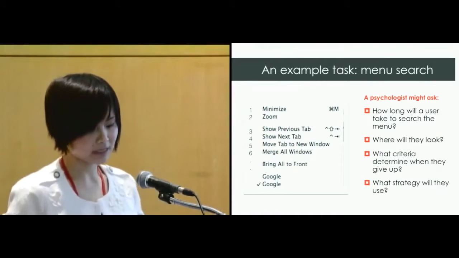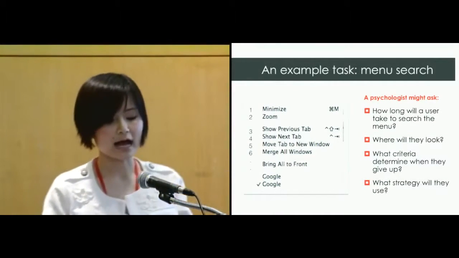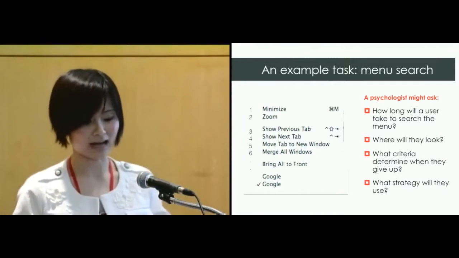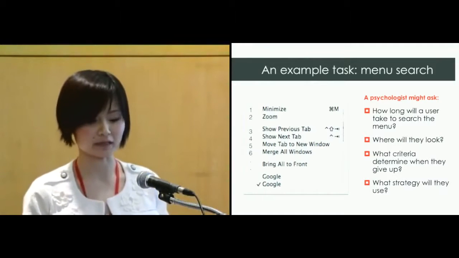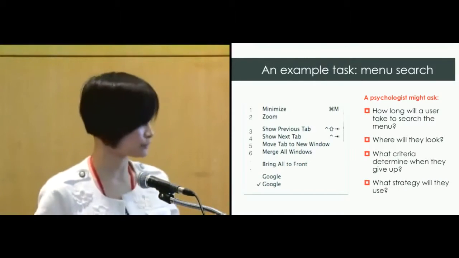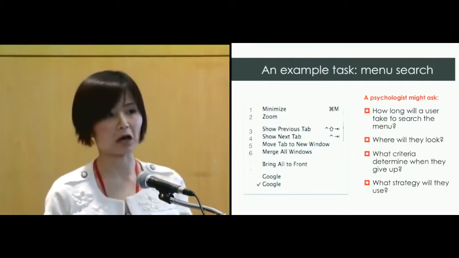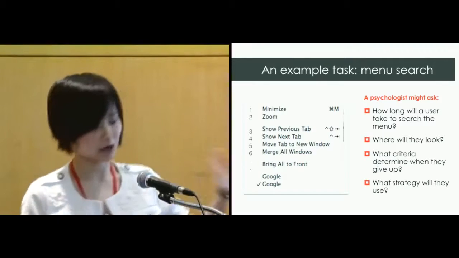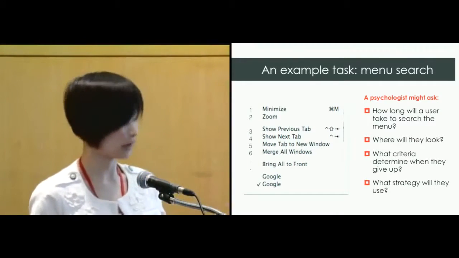And in the meantime, psychologists ask questions like how long will a user take to search the menu, where will they look, what criterion determines when they give up, and what strategy will they use. In menu search, the strategy might be to examine each item in turn, or skip some items, or just look randomly.